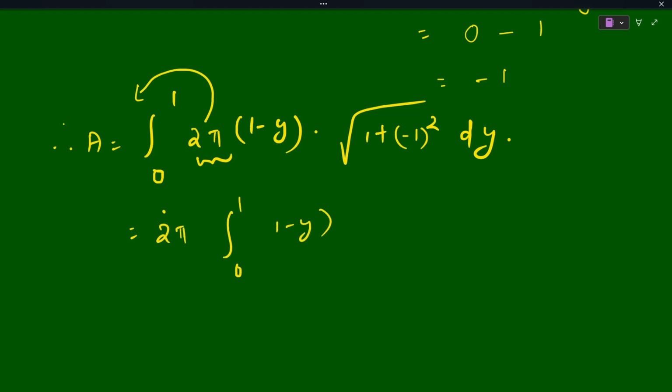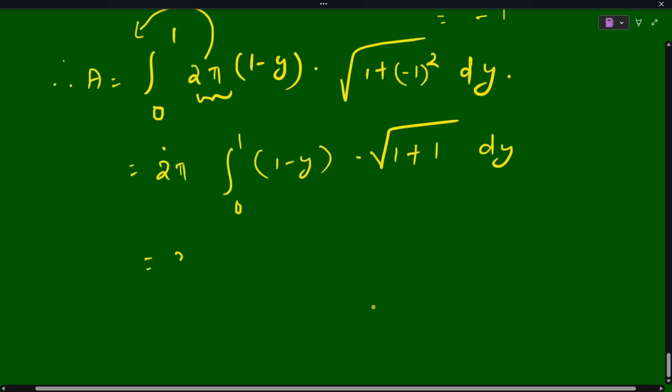In place of x we write 1 minus y, and dx by dy is minus 1, into dy. Now see, all these terms are in y only.